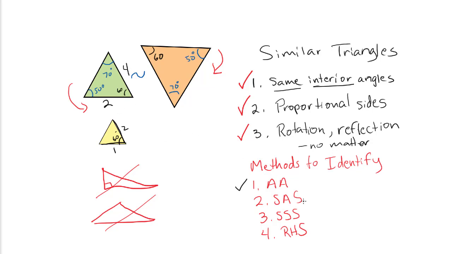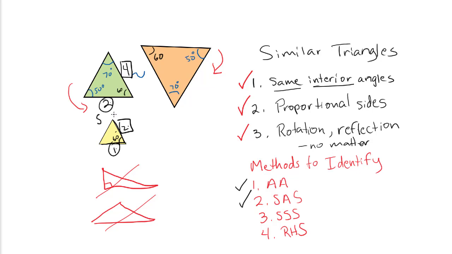This would meet side angle side methodology. The scale factor from 4 to 2 on the other side of my 60 degree angle is also 2 to 1. The angle in between the 60 degrees is the same. So I have side, angle, side in the same ratios with the same angle in between. Those two triangles would therefore be similar based on side, angle, side.